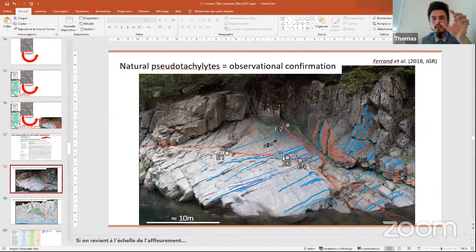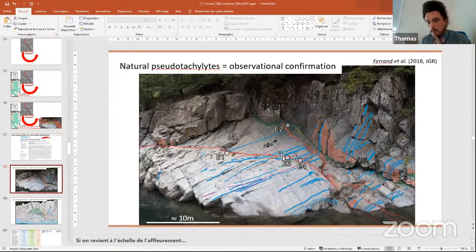But it's on the same order of magnitude, because even if you have a population of injection veins, the volume they are able to suck does not reduce the thickness of the pseudotachylyte by several orders of magnitude.